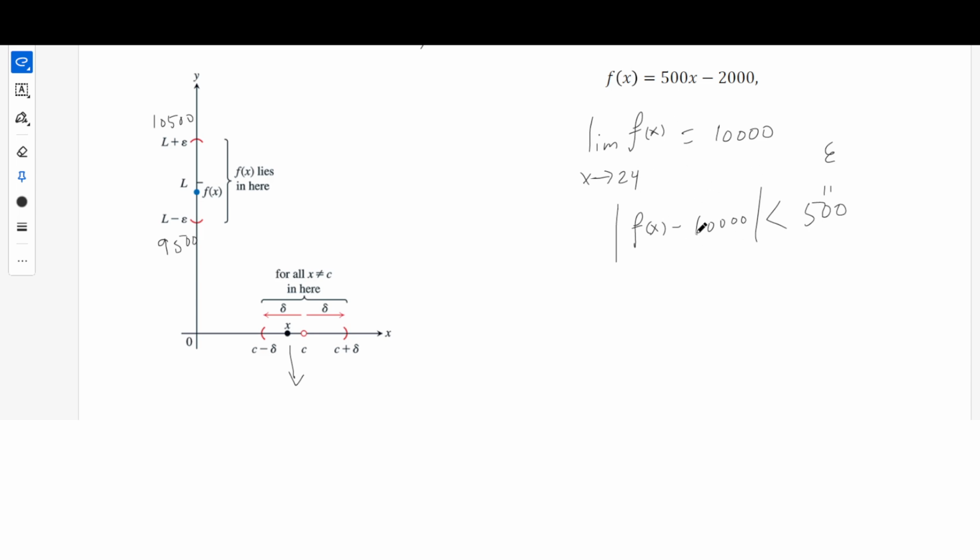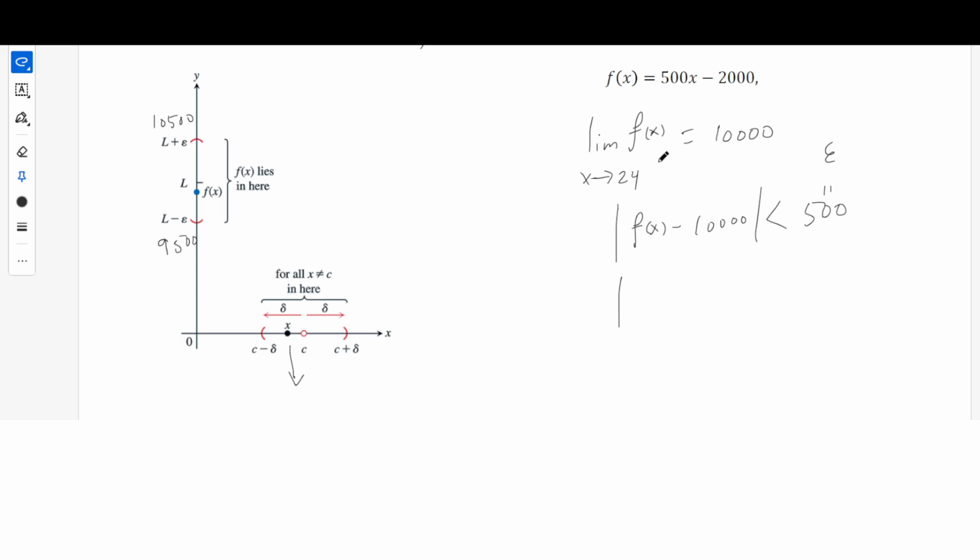So let's go back to this problem. We have absolute value of f of x minus L is less than epsilon. From here we would like to go to x minus c, which is 24. This inequality, whatever number comes here, that is the value of delta. That is the margin of error for you to hire new customers. So let's start here.